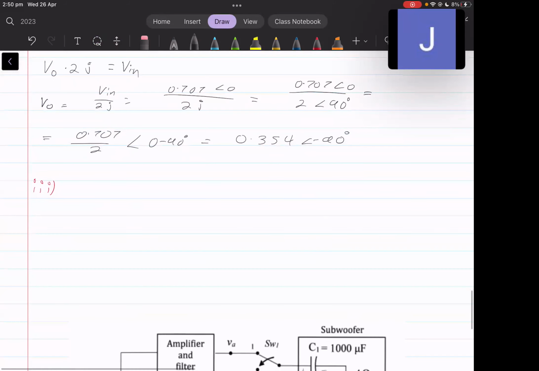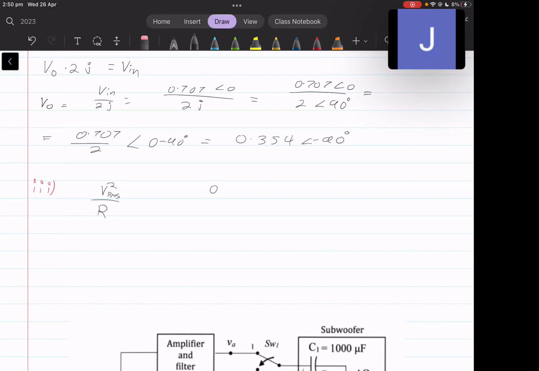So again, we can just use the formula V squared on R, which will give us the power.